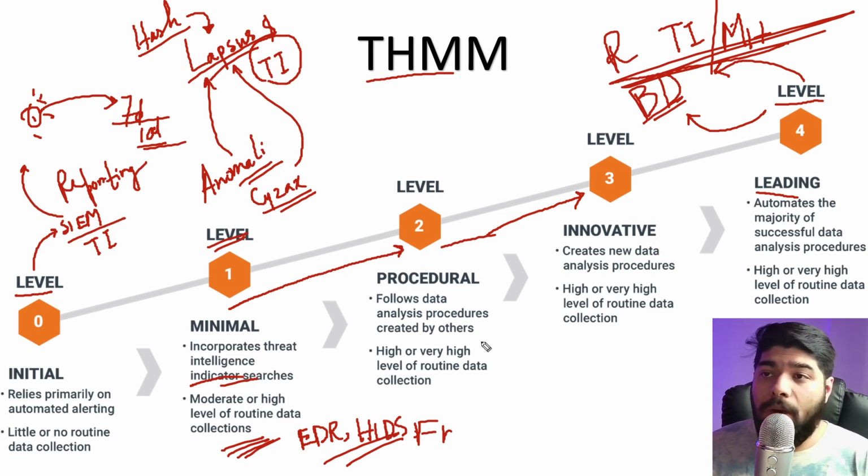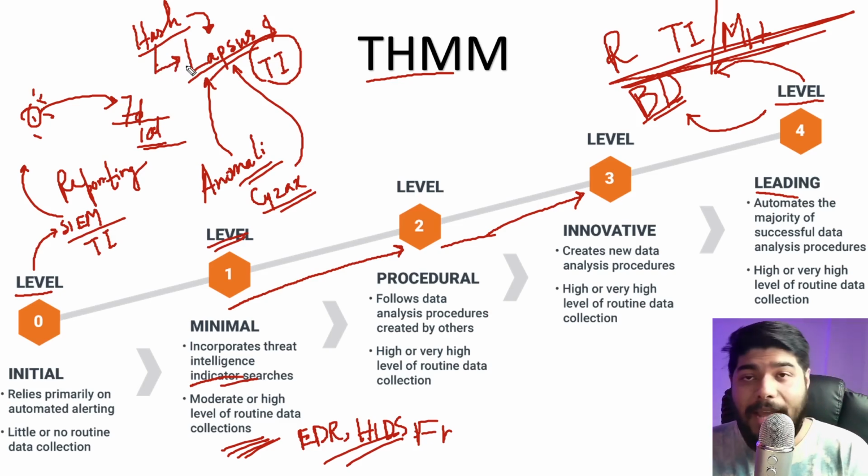For example, if you are talking about the Lapsus group and there is some hash value, we will see that in a second. What data sets do you need to prefer? You need to specifically prefer your EDR modules or your HIDS modules, which have the in-depth intel for your host, what is happening inside your host. So that is level 1.